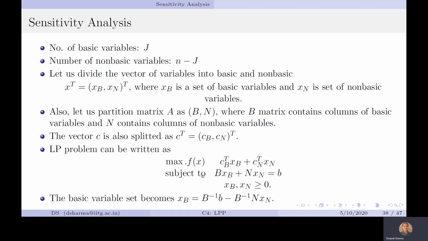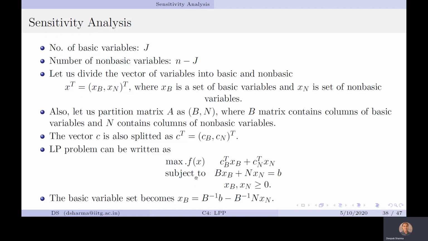The set of constraints which we earlier wrote as AX equals b, we now convert into the form B times xB plus N times xN. So the B matrix is multiplied by the set of basic variables and the N matrix by the set of non-basic variables, equal to the right-hand side b. Both basic and non-basic variables should be non-negative.